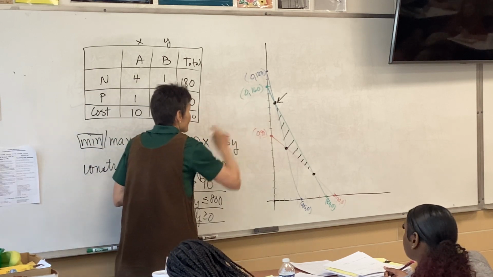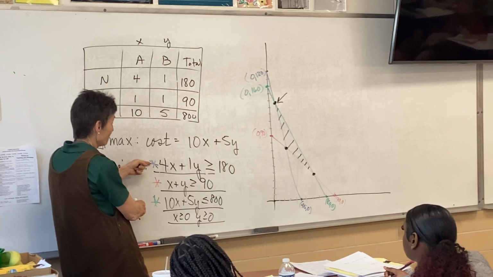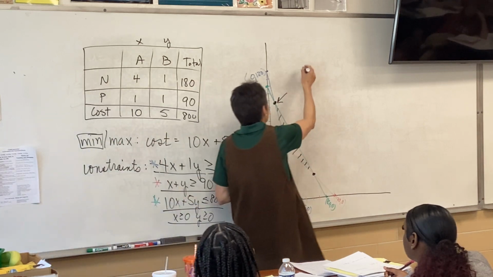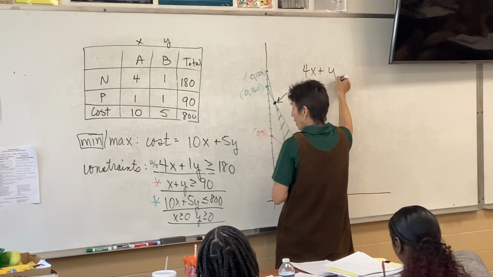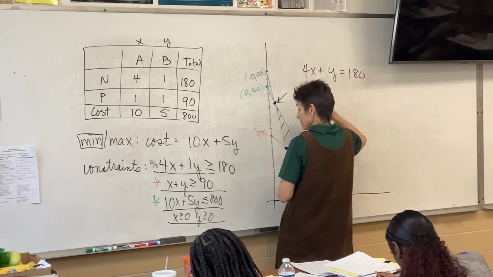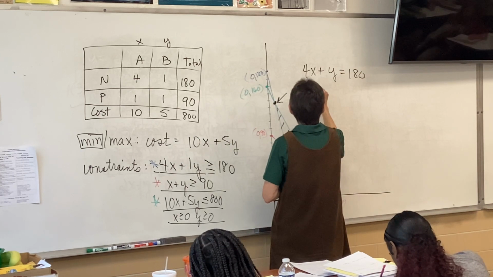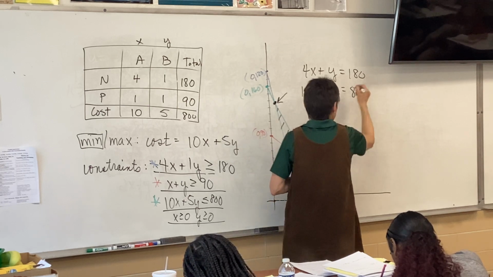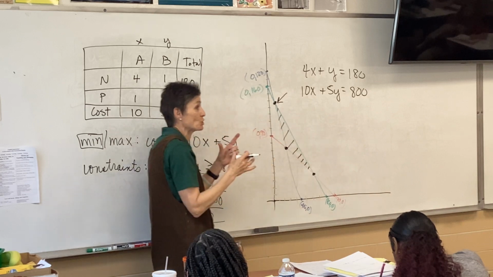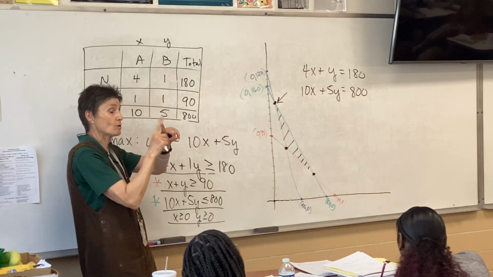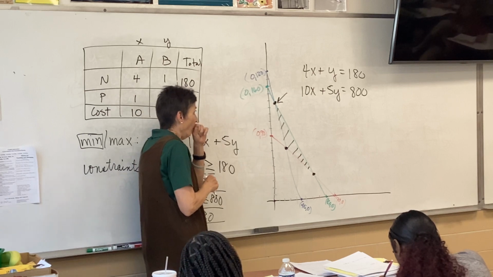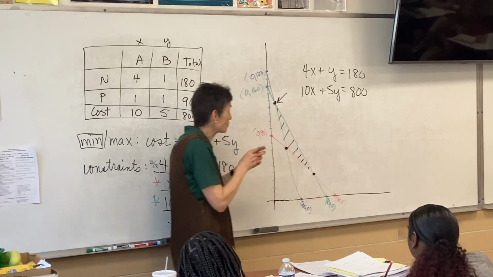That dot is the intersection of my blue and green. So 4x plus y equals 180, and 10x plus 5y equals 800. I'm writing them as equations now. I'm looking for where those two lines cross. Any guess what I'm going to do now?